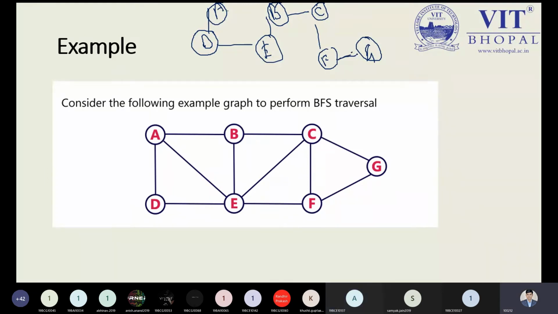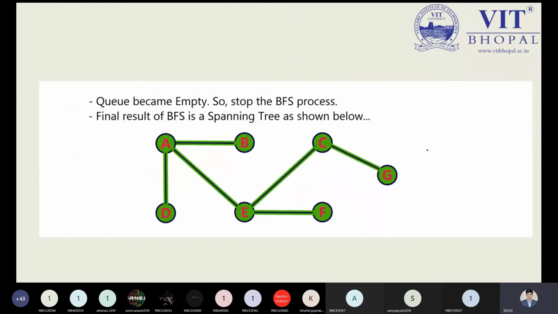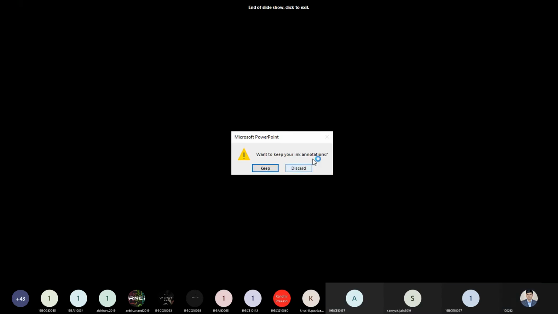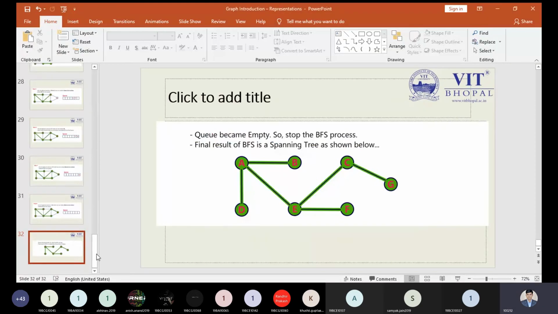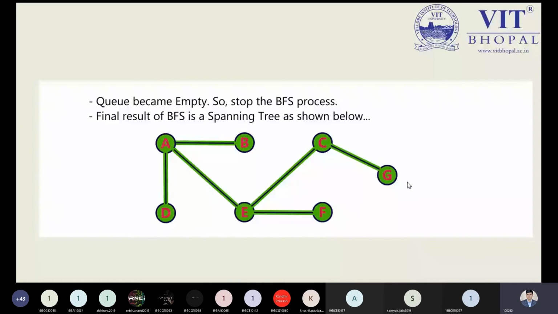Now see, you are saying this example like this. Okay, so here we have the solution like this.